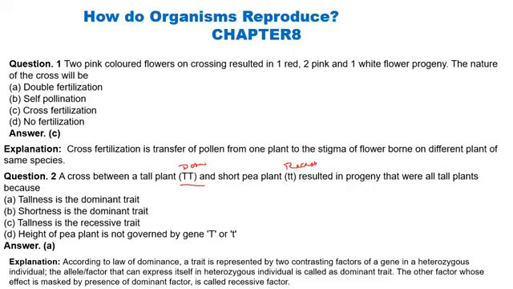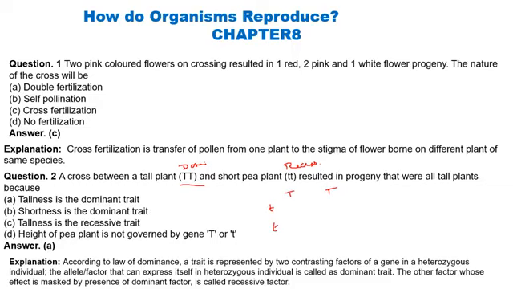Resulted in progeny that were all tall plants. I will read it one more time: a cross between a tall plant, capital T, and a short plant, small t, resulted in progeny that were all tall plants, because why? Let's draw a simple Punnett square over here.